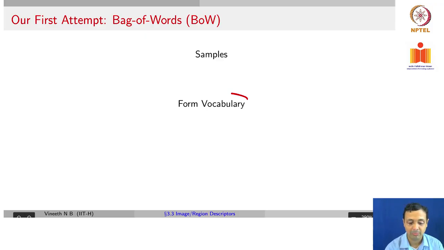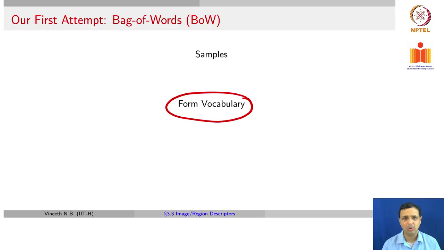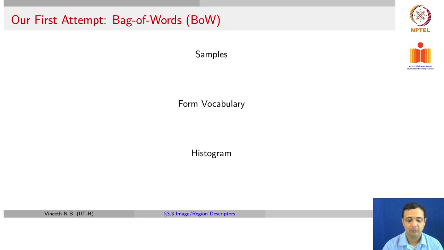Then you form a vocabulary of those data points. What do we mean by vocabulary? A set of common words that exist across images. And finally, based on the vocabulary, we're going to get a histogram, which is simply a frequency count of words in a certain document. In our case, visual words in a certain image.